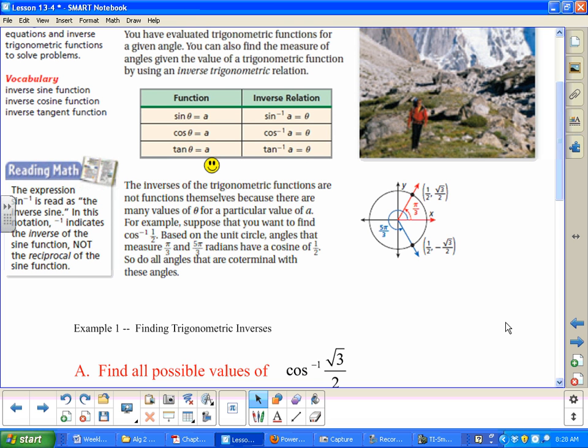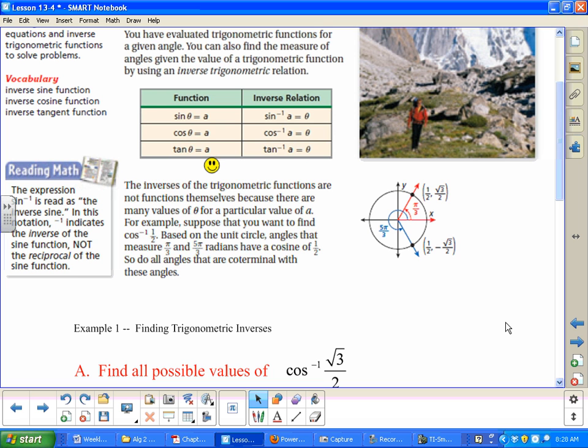So the inverses of the trigonometric functions are not functions themselves because there are many values of theta for a particular value of a. Coterminal angles, right? We found out in the warm-up that cosine of 570 is the same as cosine of 210.